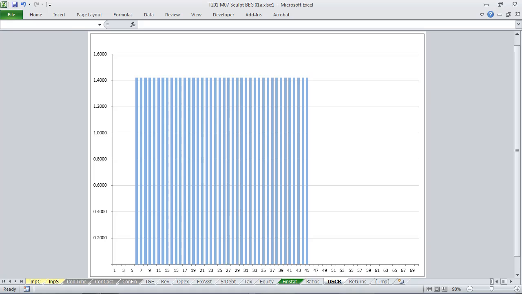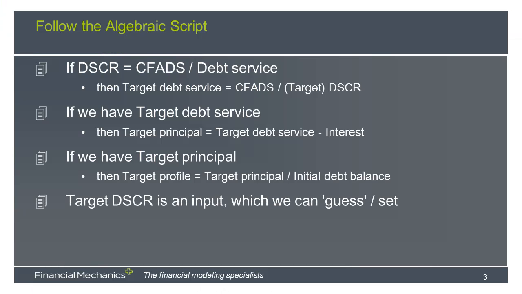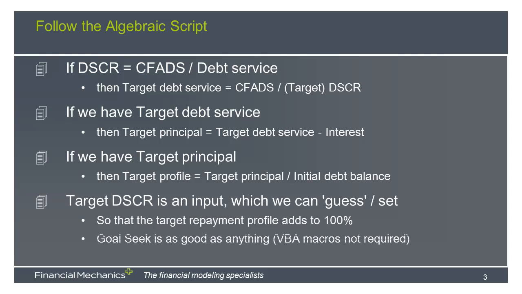So that is pretty much it. Just to recap on the last steps that we made, we effectively used the goal seek to iterate the target DSCR to 0, i.e. make the target repayment profile add up to 100%. And as I've said here, goal seek is as good as anything else.